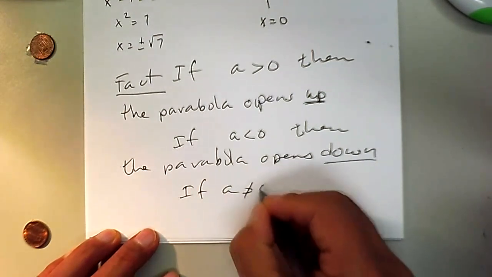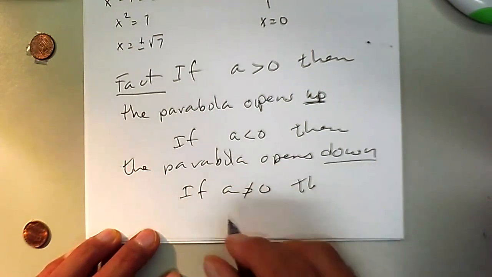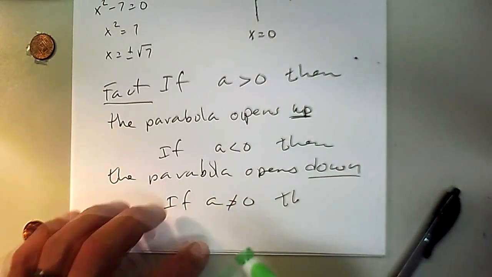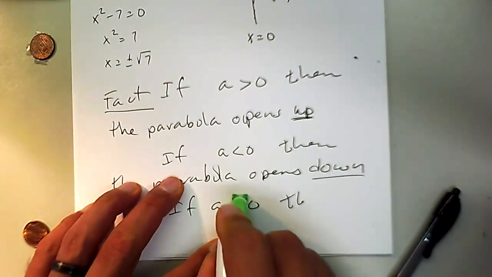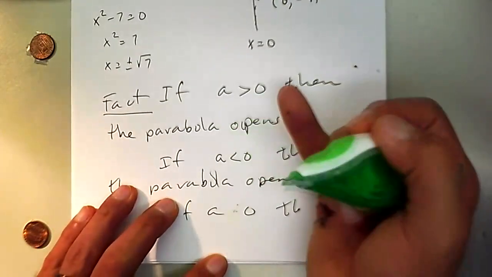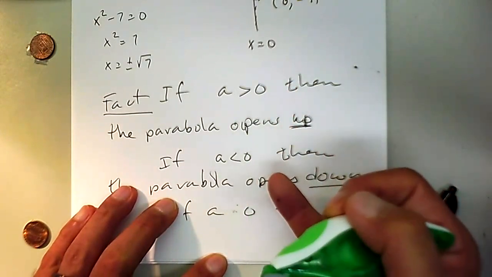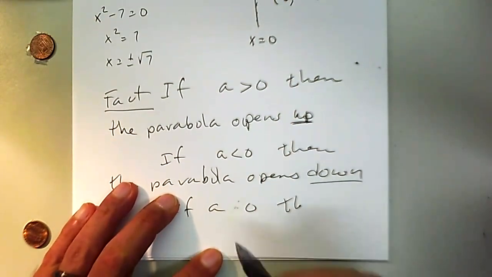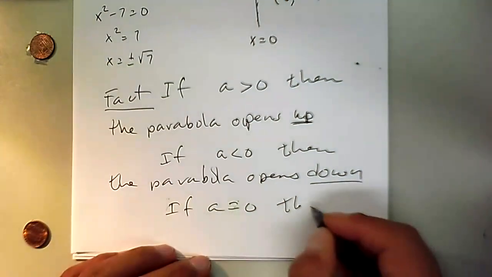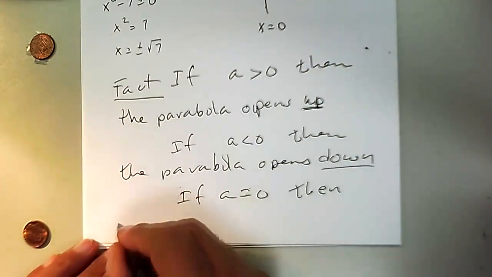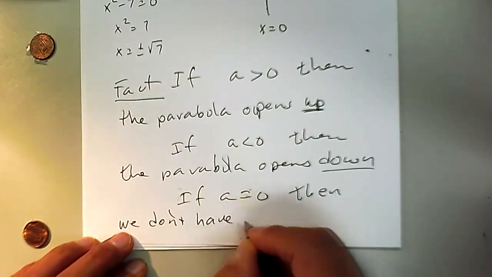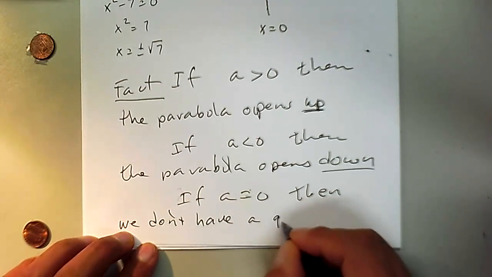If a is equal to 0, because we have three choices: greater than 0, less than 0, or 0. If a is equal to 0, then we don't have a quadratic.